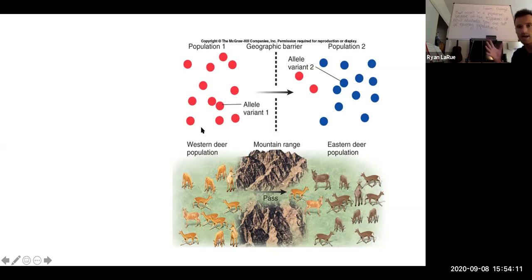It's just a type of characteristic. And so this type of characteristic is a lighter fur color. And when they migrate to the other population and they breed, they've introduced a new variant to this eastern population just because of the migration. So that's what gene flow is, and it's shown here with the red and the blue.